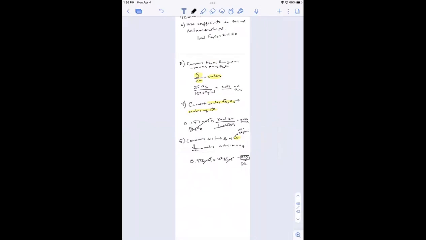But you couldn't figure it out unless you had the balanced equation, right? Because they're not one-to-one. If they were one-to-one, then it would be easier because you could just take the number of moles of CO and convert it into grams. But because they're not one-to-one, you have to figure that out. And that's how this works.